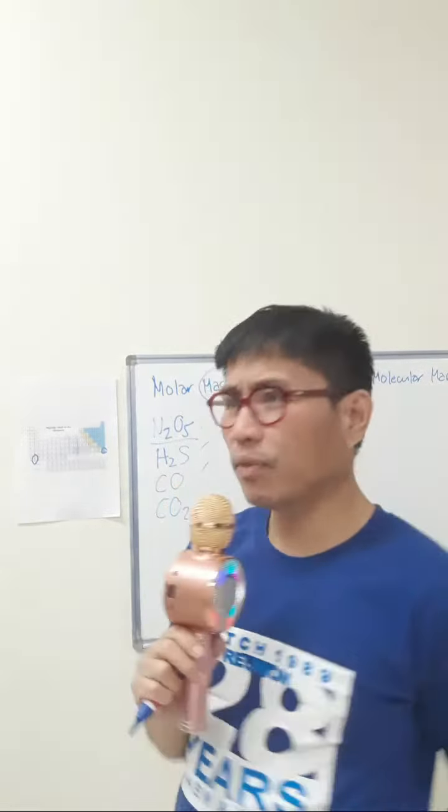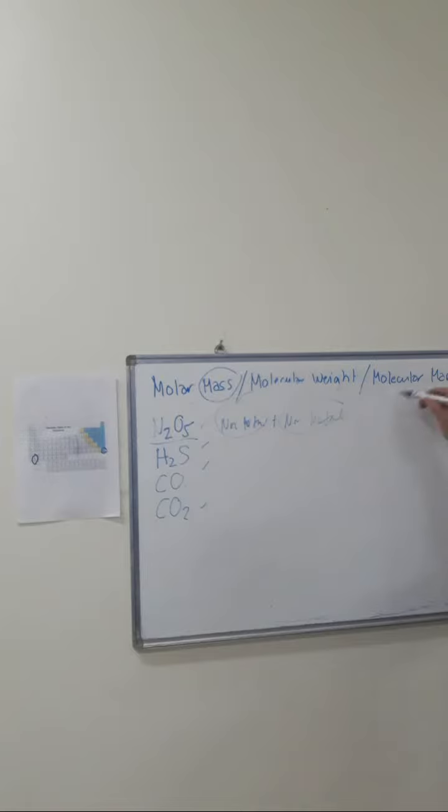Now we go to the ionic compound. Okay, metal plus non-metal. For example, sodium plus chlorine, and sodium chloride. Okay, like that. So magnesium plus, let's say, iodine, right?